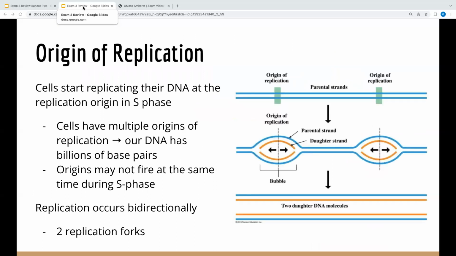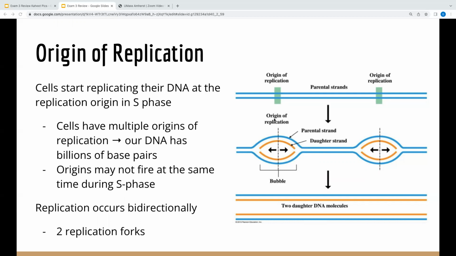So what happens is at the end of S phase, we have the pre-IC complex binding at the origin of replication. Once it fires, then helicase will move down on either side and unwind at each replication fork.